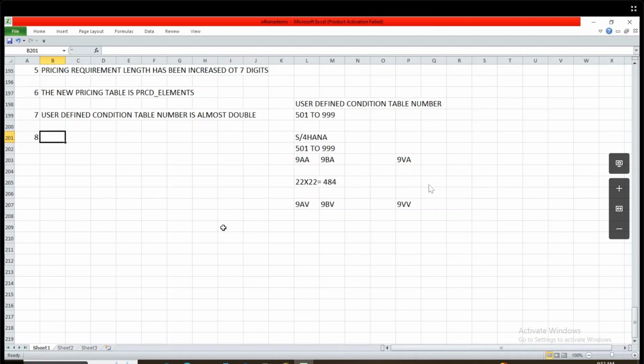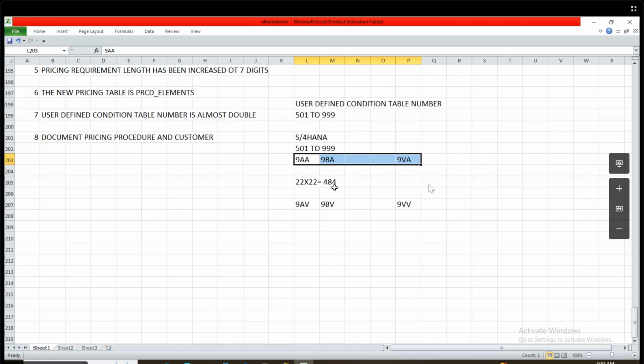Next, document pricing procedure. Sir, what is that 22 into 22? From 9AA to 9AV, how many are in between? 22. Like that, you can use up to 9VA to 9VB, again 22. A to V is 22, so 22 into 22 gives you an extra 484 user-defined tables here.